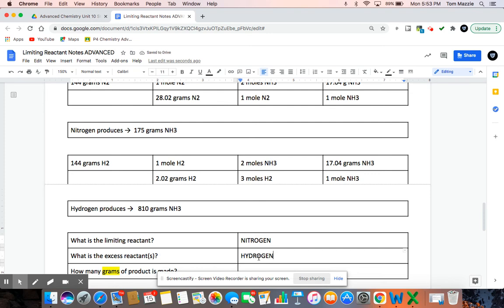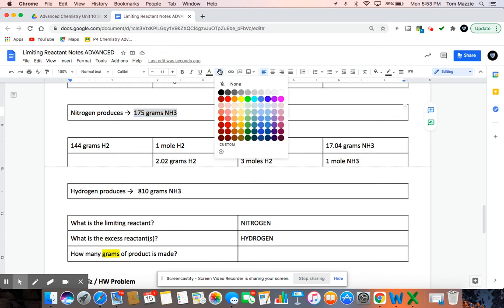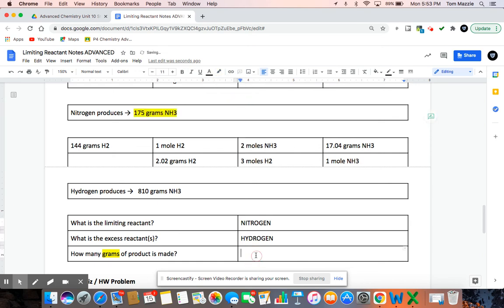And then if I ask you how many grams of product is made, in this case, you can't make more product than the limiting reactant allows. So this is your amount of product that's made: 175 grams of NH3.